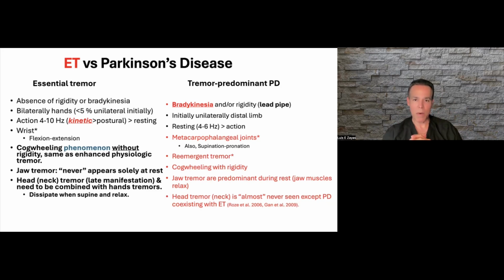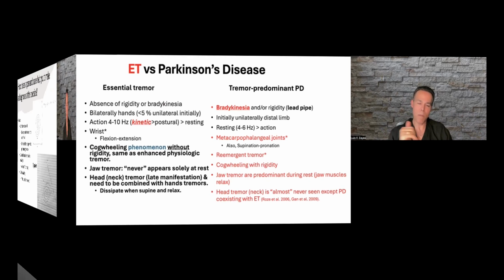Remember, essential tremor by definition is an action tremor, different from tremor in Parkinson's disease, which by definition is a resting tremor. Although, again, both conditions can have the opposite type of tremor. Parkinson's disease patients might have action tremor too, but less predominant, and essential tremor patients might also have resting tremor in 20% of the cases, but less predominant.